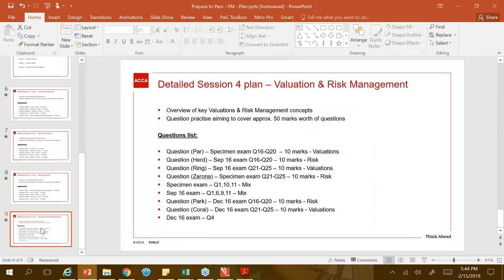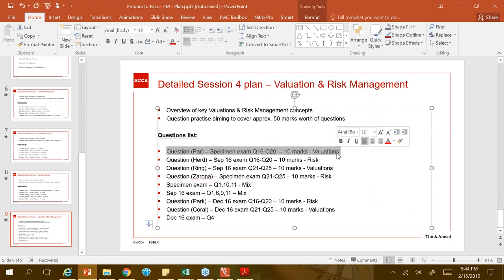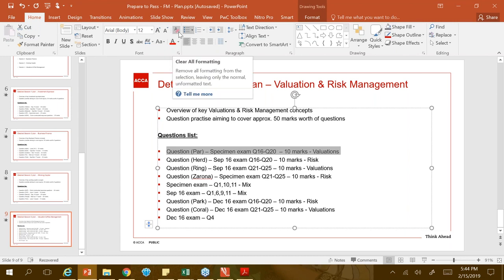And within the specimen exam link, the first thing we're going to do is the bar question. Now, this bar question is from the specimen exam Q16 to Q20, which is a section B question on a bit of valuation.